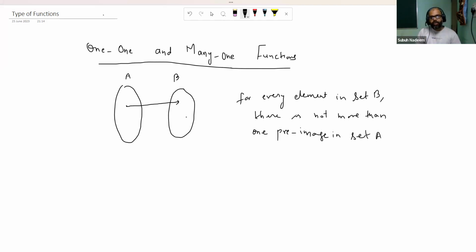There may be an element for which there is no pre-image, that is fine. But one one means a unique pre-image.